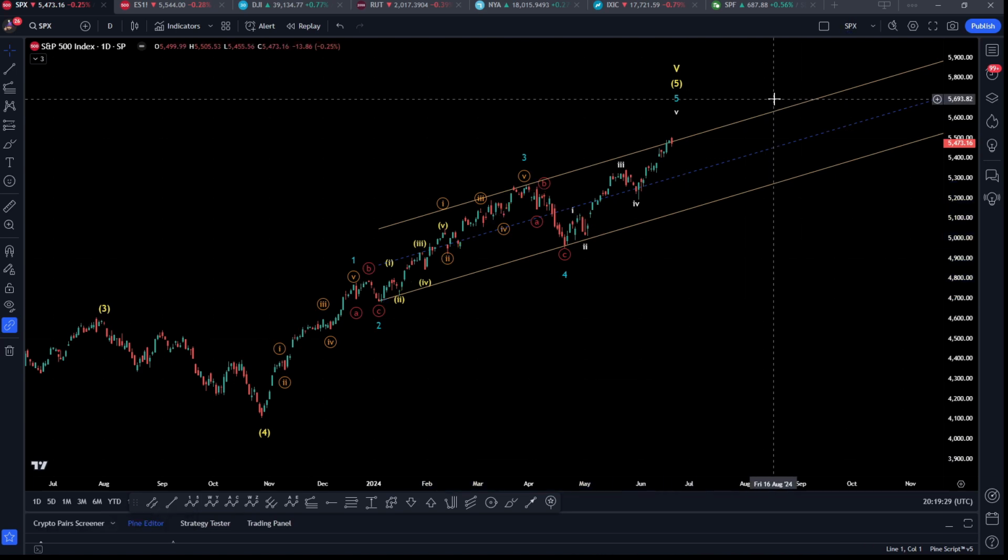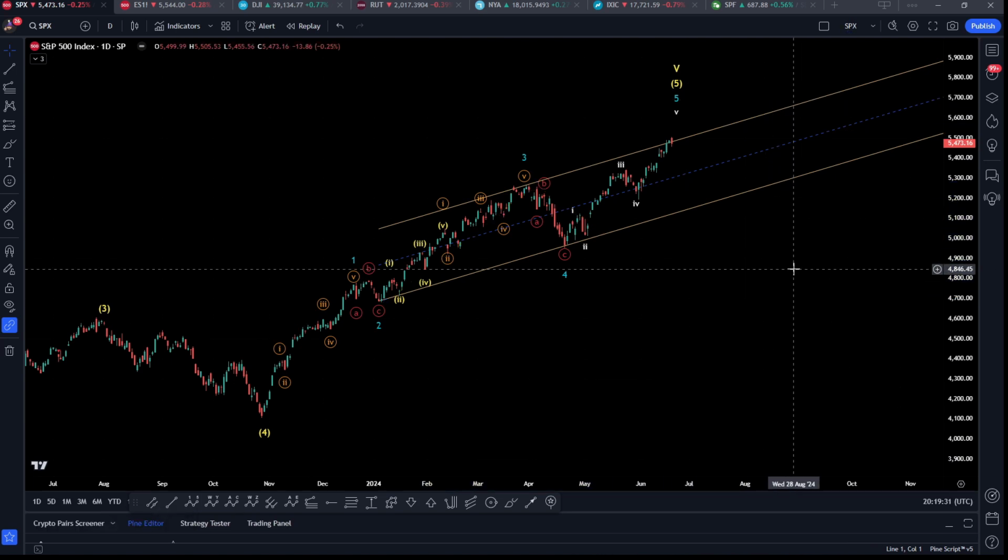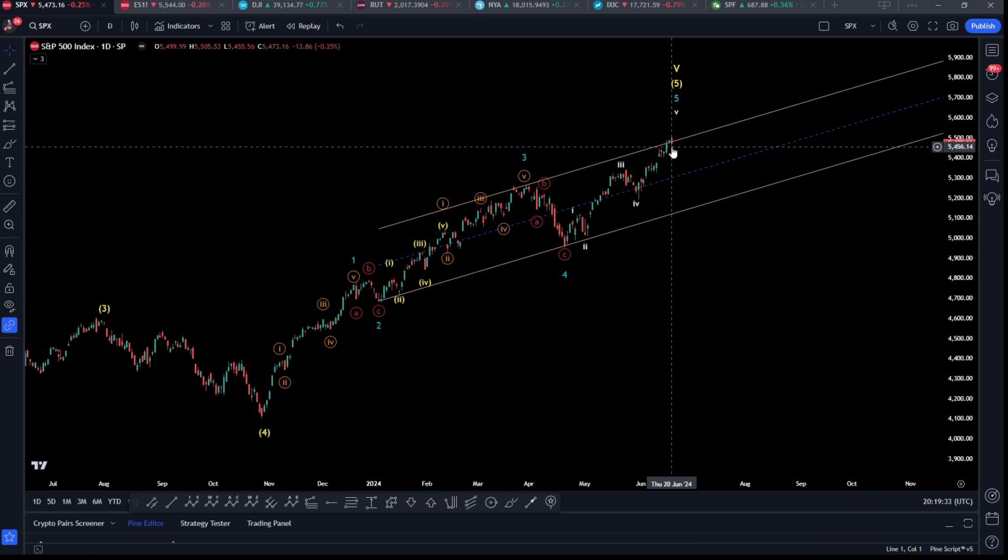It has not crossed that boundary. And we have a complete structure in 5 waves. And we've met the upper boundary of an impulsive parallel channel.